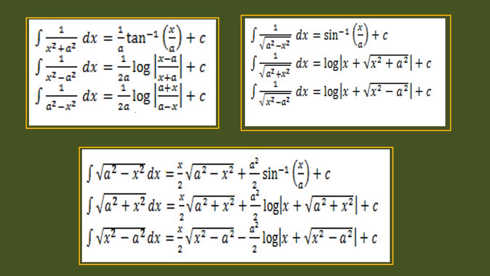And similarly, the third set will have the square root in the numerator, an irrational: square root of a square minus x square, square root of a square plus x square, and square root of x square minus a square. So you can see that only the combination of x square and a square is appearing in different forms.